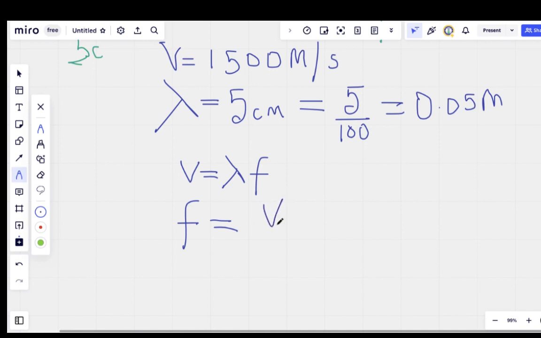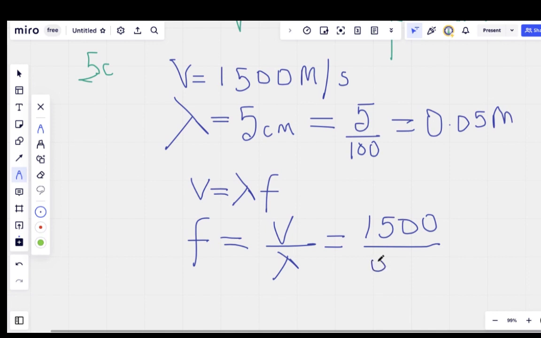So that is 1,500, which is the speed of the wave, divided by the wavelength, 0.05. 1,500 divided by 0.05, you get 30,000.